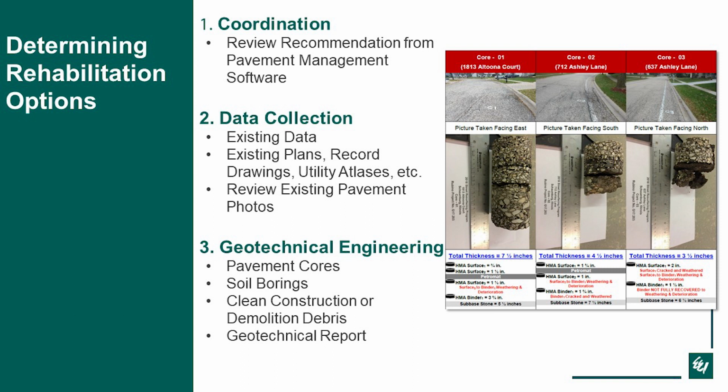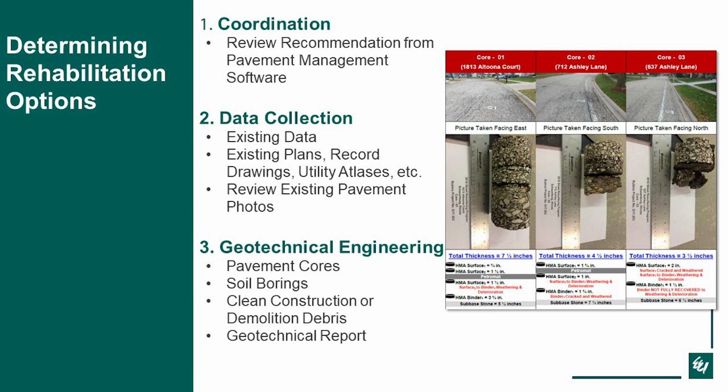Another important thing about the cores when we get into some of the other things we're going to discuss is about the existing pavement interlayers such as petromat or other fabrics, because some of the alternate strategies can't be done with those fabrics being there.